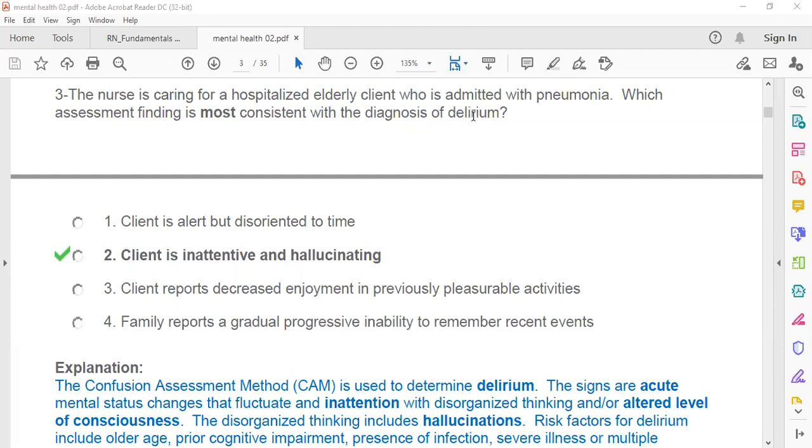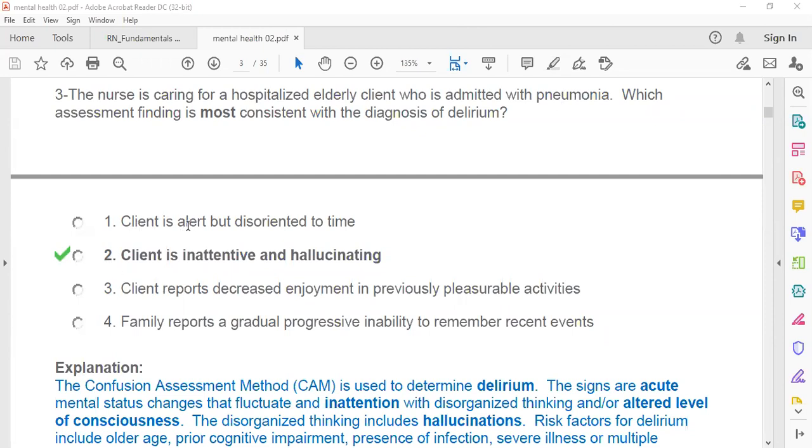Dementia is forgetfulness. Delirium develops because of fever or pneumonia, and the patient feels restless, with abnormal thought and speech. So there are four options.